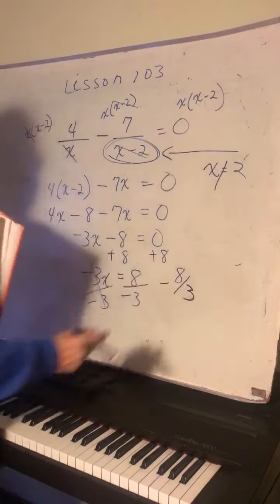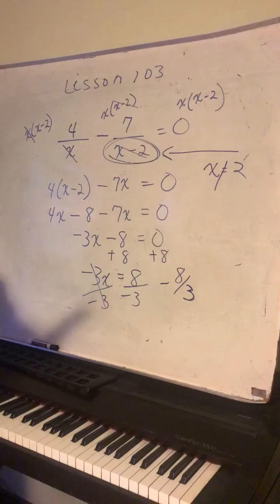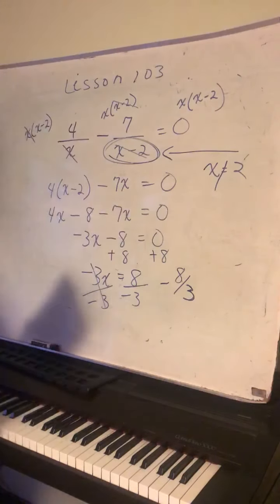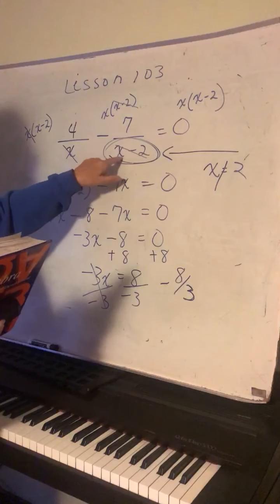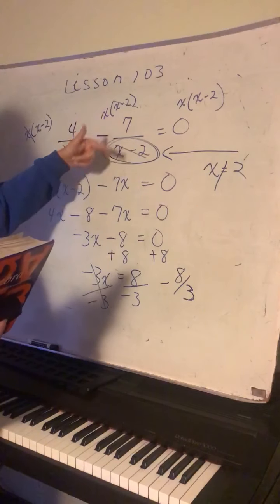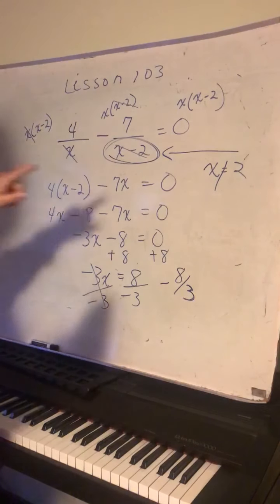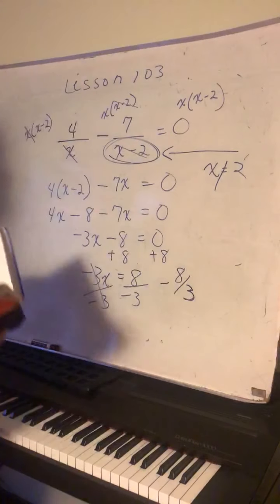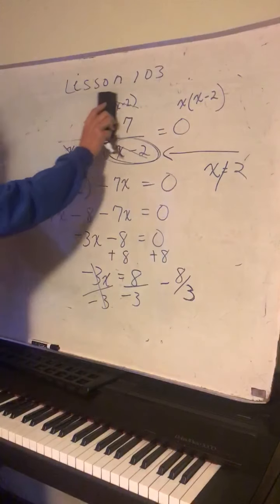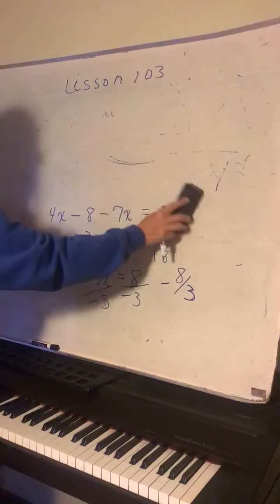I don't know if they're going to give you any that actually has this, but later on in college algebra, you're going to have to recognize that you can't have a 2 in here, because it'll be 2 minus 2, which will give you a 0. You can't divide by 0. So this is not a solution to this problem. We didn't end up with that, so we're okay, but that's something you'll have to watch for later on.